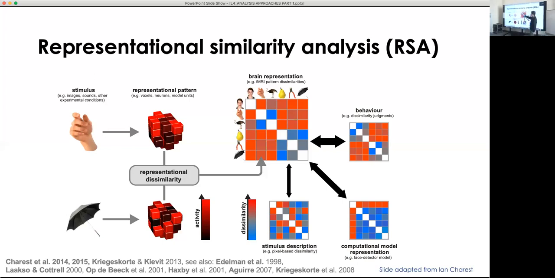So ask people, is that similar to that? And I would say that's pretty different, so that would be highly dissimilar. Anyway, you can repeat this process, and then you can start comparing these things and trying to understand, is the brain most like behavior? Is the brain most like pixels or whatever? So that's the basic setup.